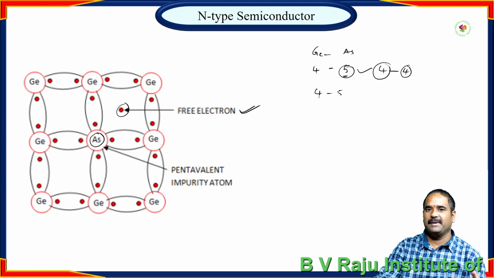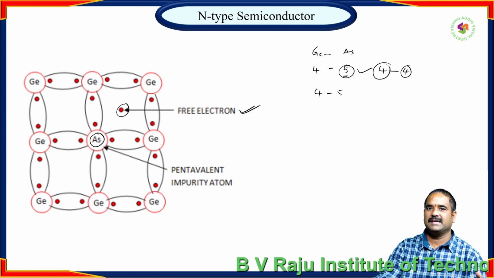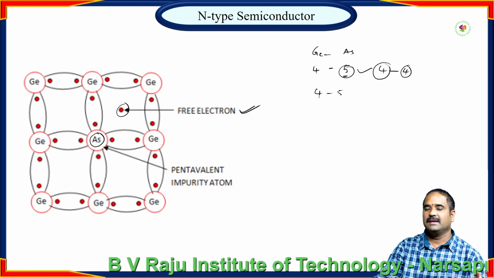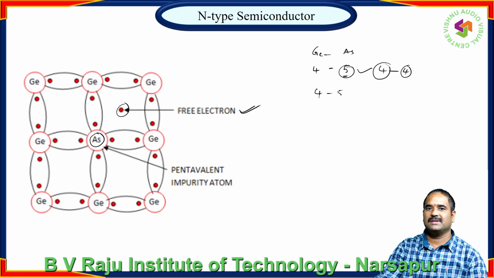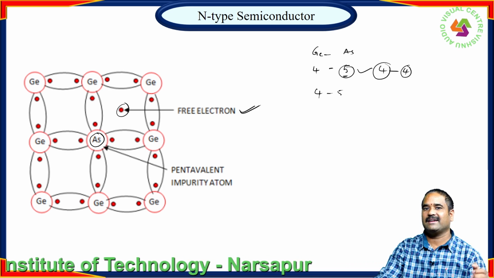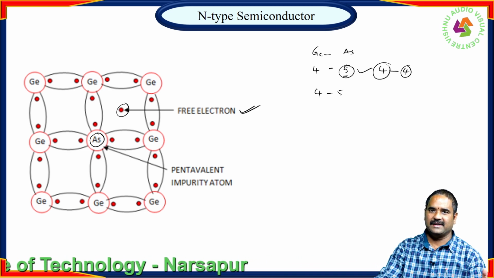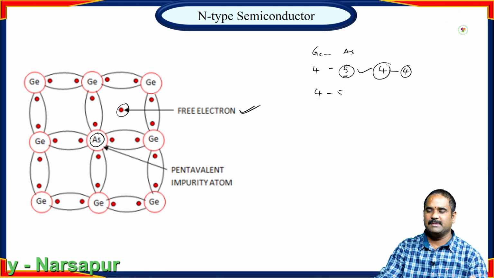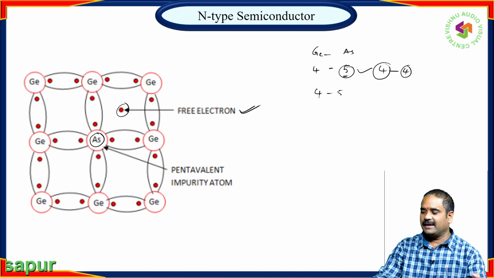Hence, in N-type semiconductor, electrons are the majority charge carriers and holes are the minority charge carriers. And N-type semiconductors are also known as electron donors, since they have an excess of electrons, so they can donate the electrons easily.